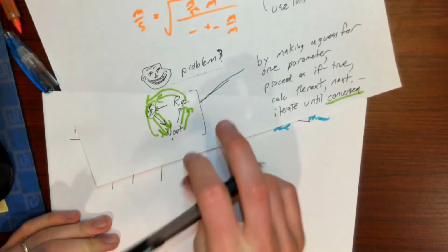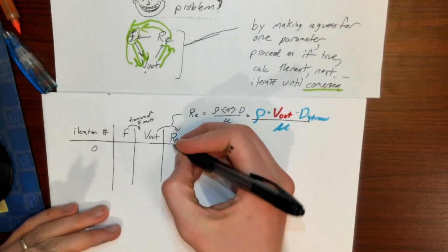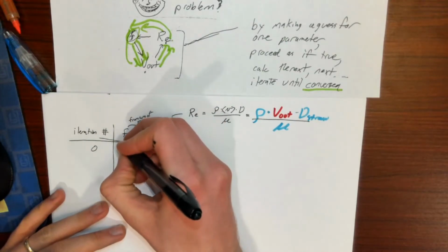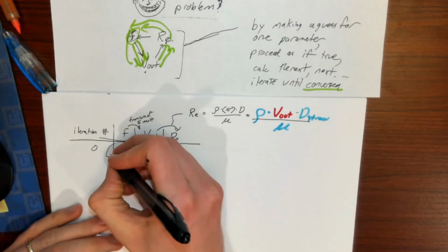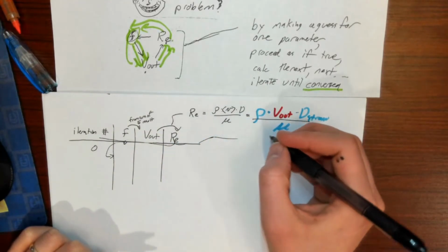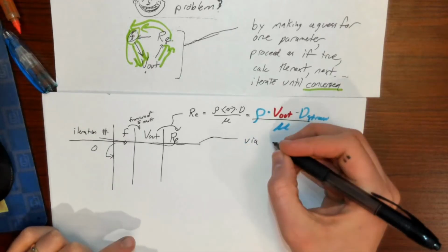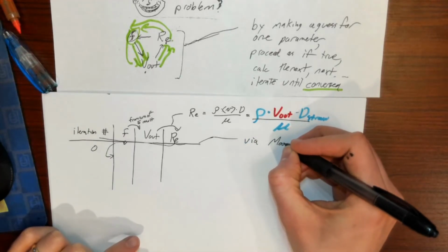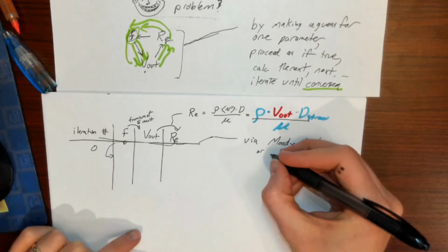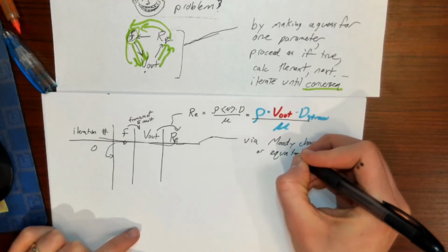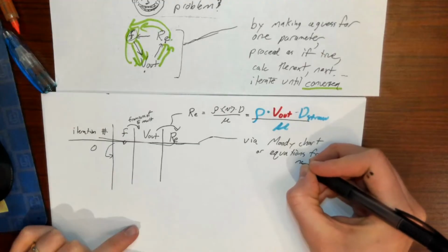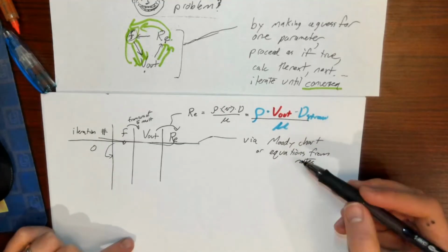And then we can use Reynolds number to calculate the next iteration, the next guess for f, the next row's f, via the Moody chart or equations from notes.